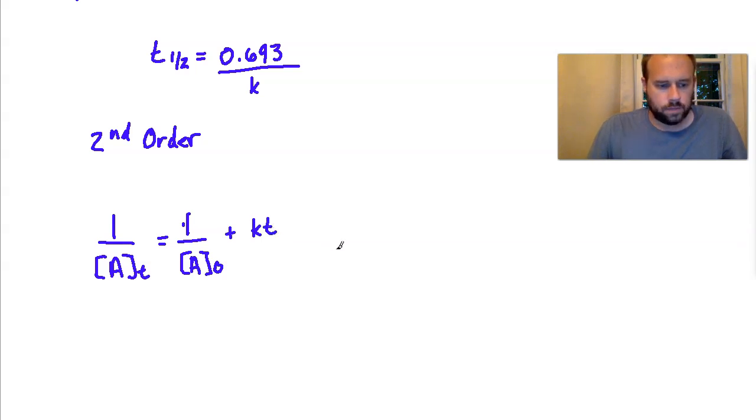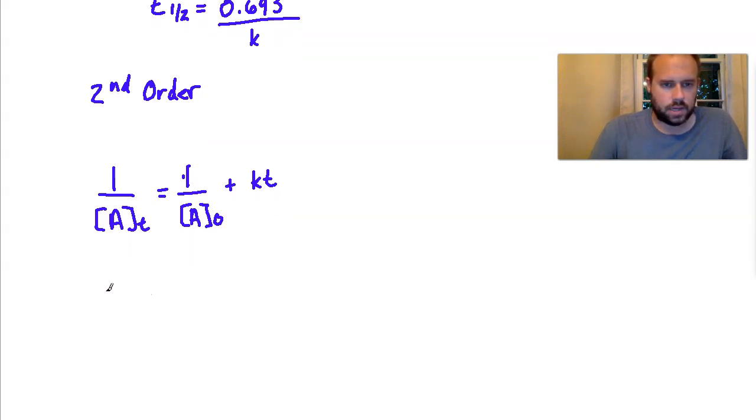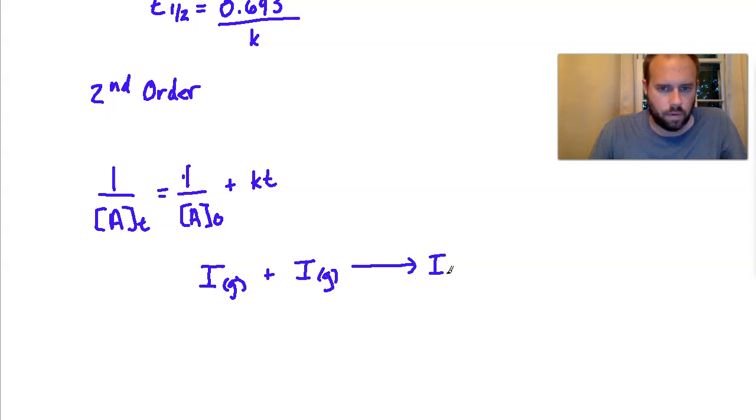All right, so for the second order, let's go ahead and take a look at an example here. So if we have an iodine molecule as gas plus another iodine molecule as gas, they have to come together and cooperate in order to form I2. Okay, so each of them will contribute here, and that's going to make it a second order reaction overall.